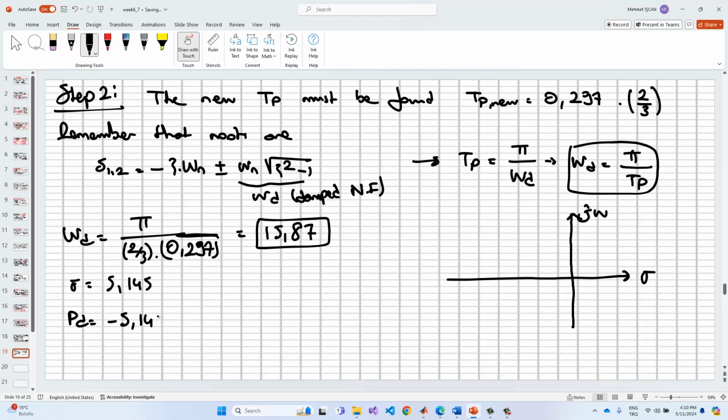The 5.145. This equalizing confirms or satisfies the overshoot values, and then plus we need to write the 15.78, right? These are the new pole to be calculated in here.